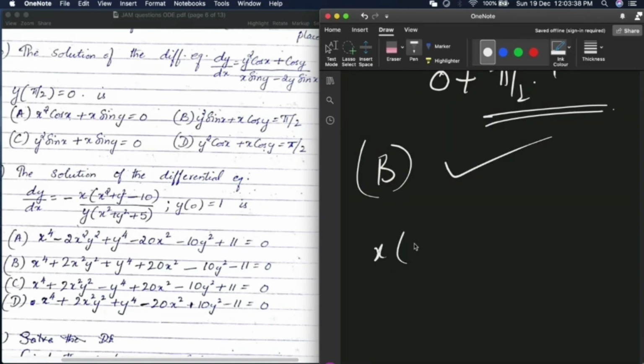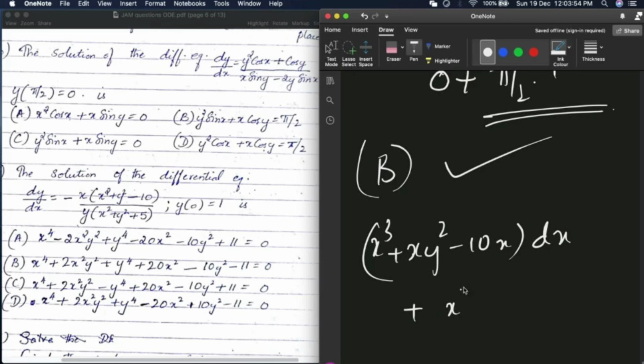x into x square. So I'll just write it. X cube plus xy square minus 10x into dx plus x square. I think this is exact because you will get 2xy, I think. The other term is independent, no?